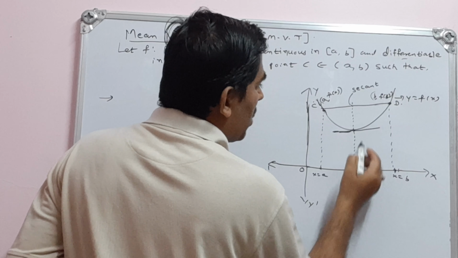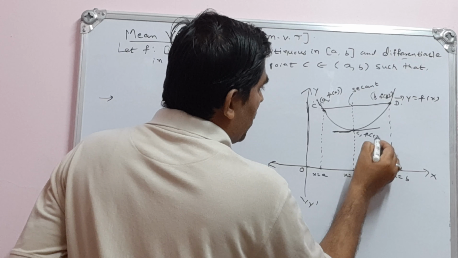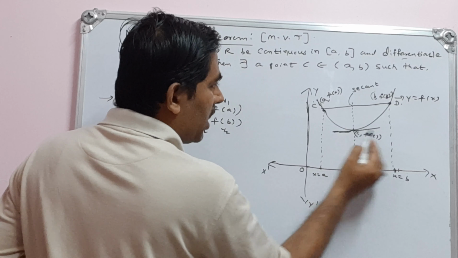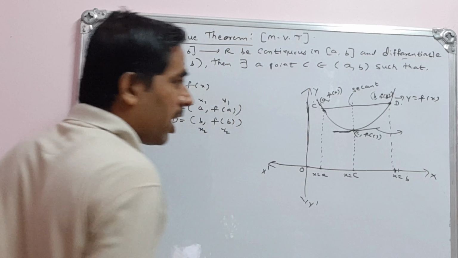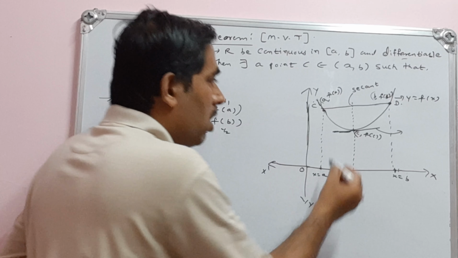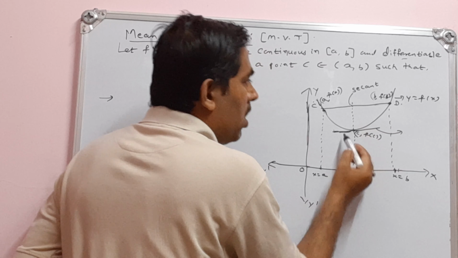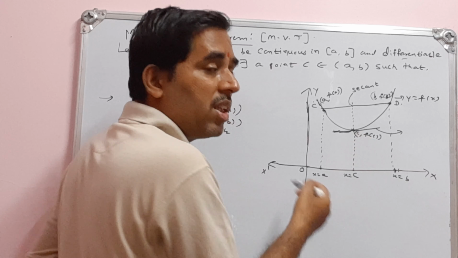This point has x is equal to c, so it is c comma f of c. By Rolle's theorem in our previous class we have discussed this. This is a tangent to the curve, and tangent to the curve is nothing but the derivative.